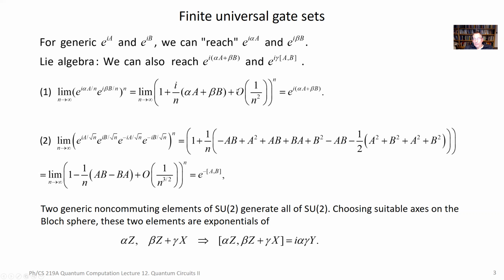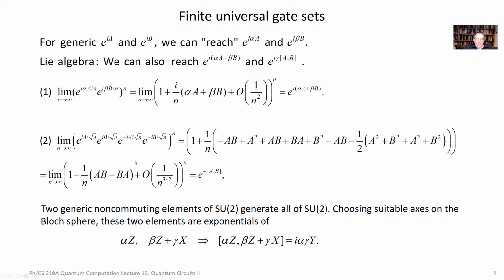And now we have to keep track of a lot of terms. So let's do that. First of all, there are terms coming from expanding the exponentials where A hits B here. There's a minus sign because of the two i's, and there's a 1 over n because of the two 1 over square root of n's. That gives me this term.